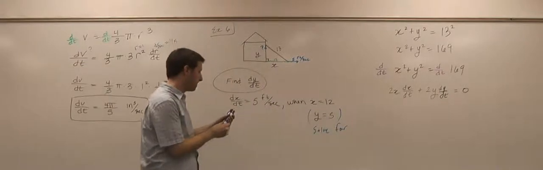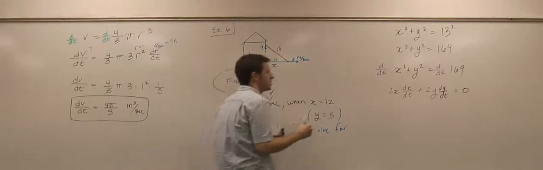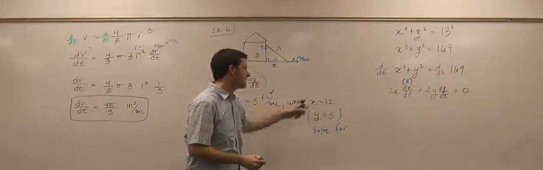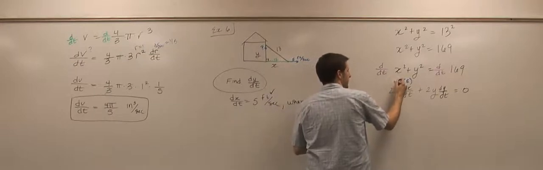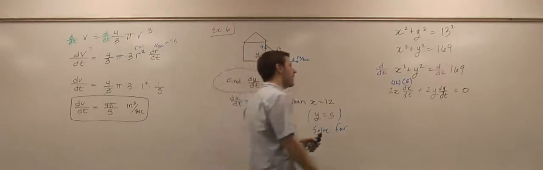So then I plug in. I know dx/dt is 5, so I'm going to put a 5 in here. That's when x is 12, so I have to put a 12 in here. I solved for y and got 5.